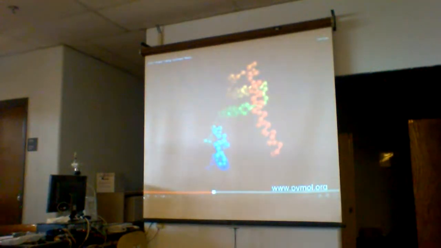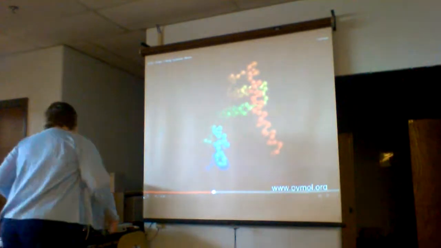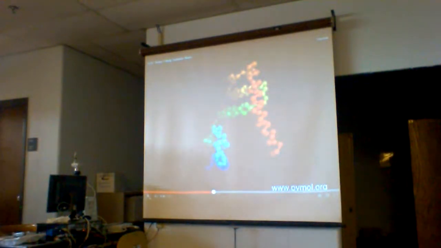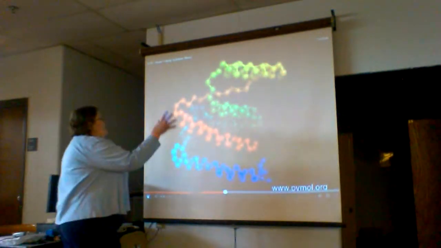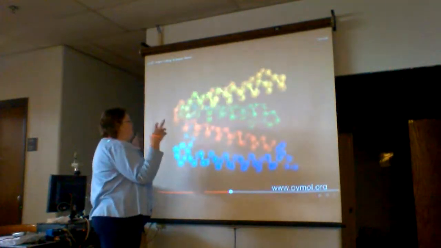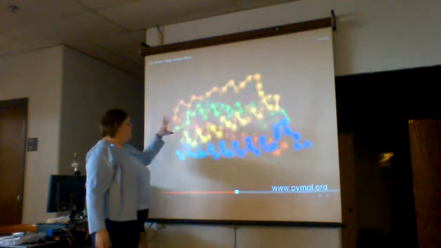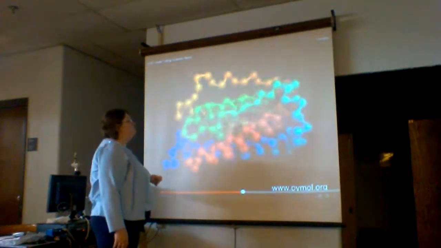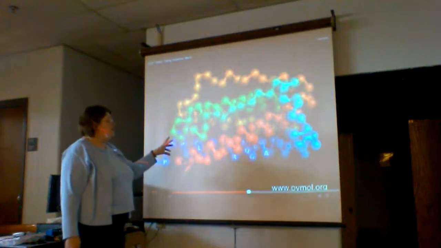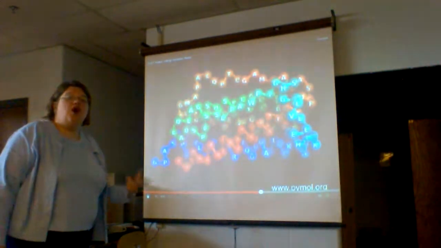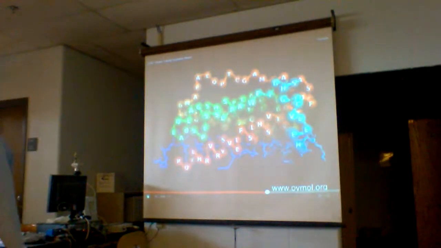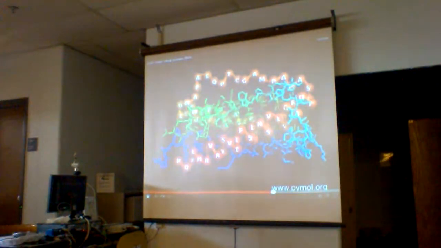Those are usually stabilized by hydrogen bonds happening in between side chains of amino acids. It gets all the way into the final three-dimensional structure. This is tertiary folding. And then if this protein were to associate with another subunit, that would be quaternary level of protein structure, or quaternary folding.